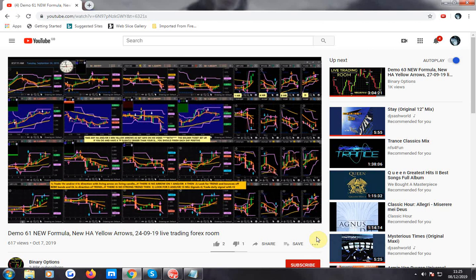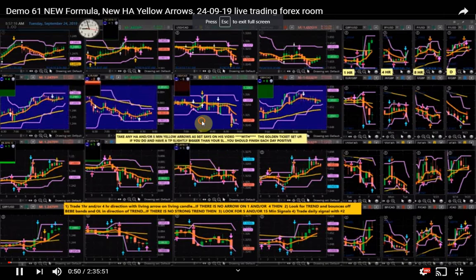You need to pick a pair, whichever pair you are going to trade. I've tried to make this as mechanical as possible. I'll show you how it's safe to go against the trend, and obviously safer to go with the trend.